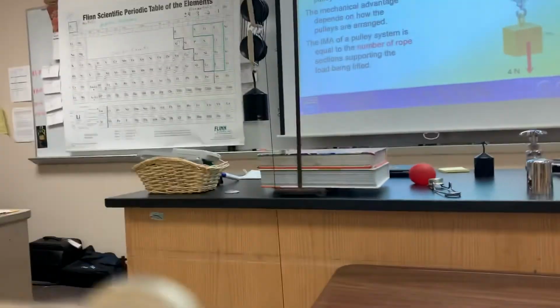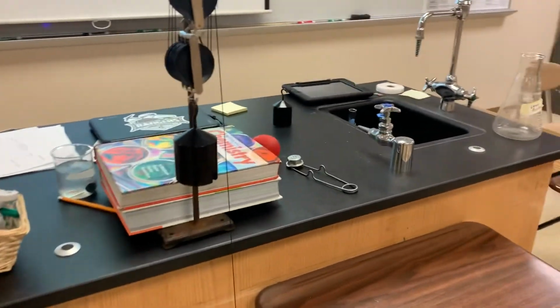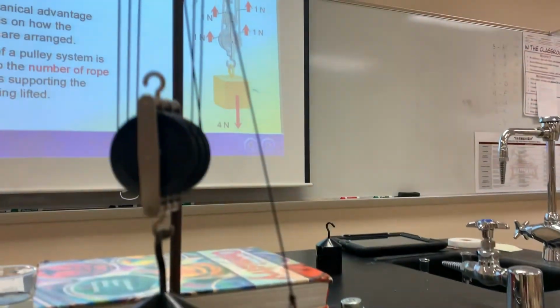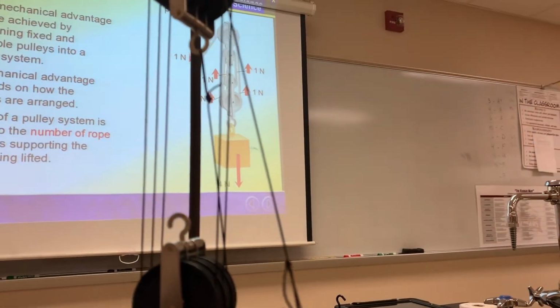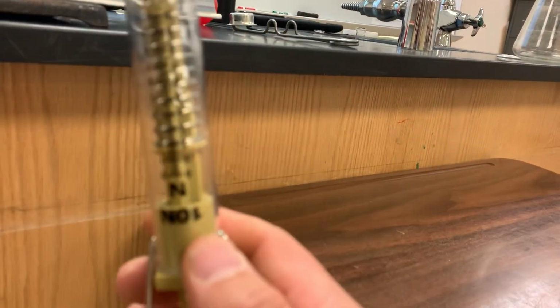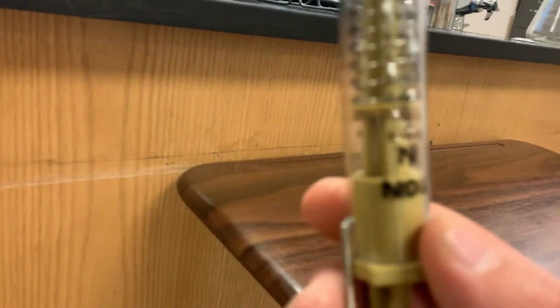So for fun, let's do that. I'll set this here and show you on the scale. Down here, I have a newton scale. There you can really see the 6 strings. If you look, get this in focus, right there.